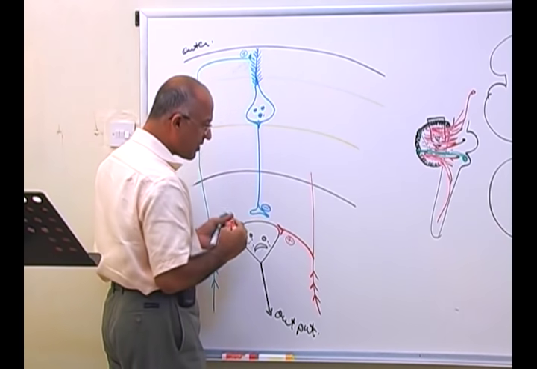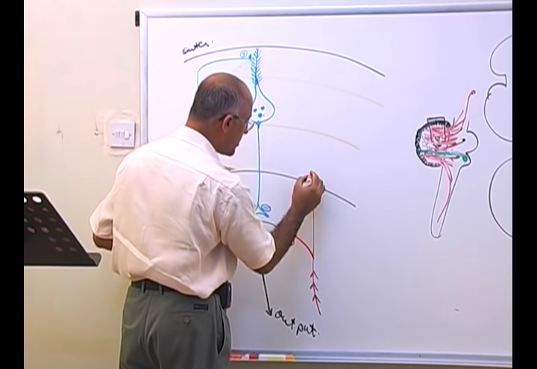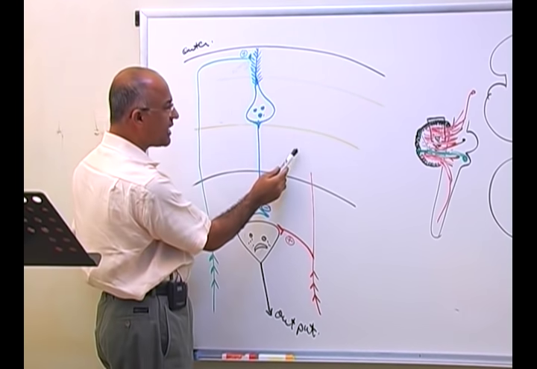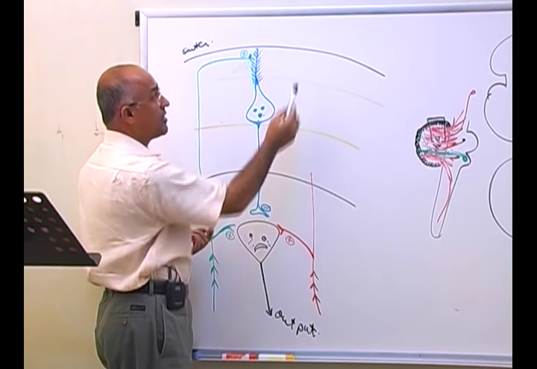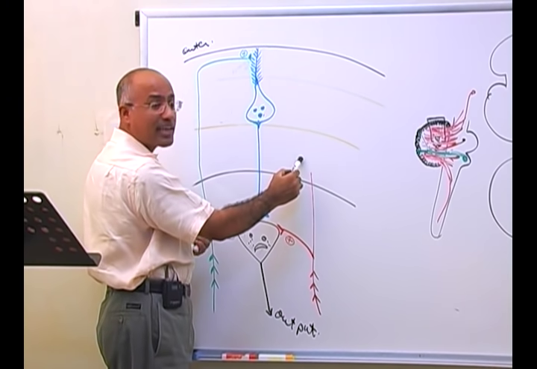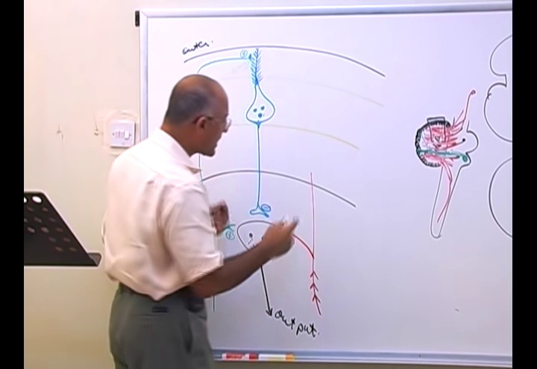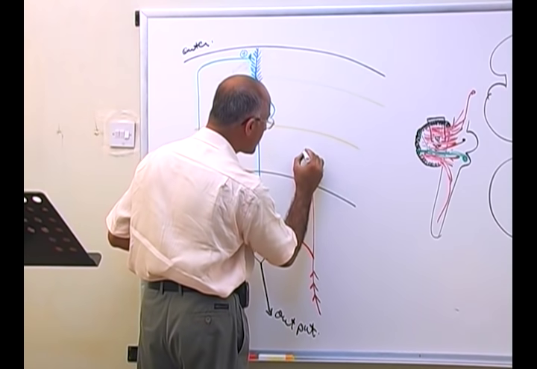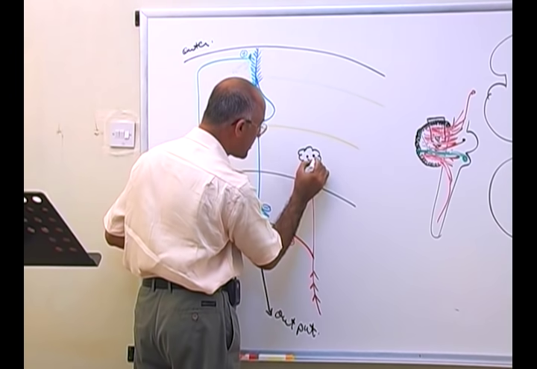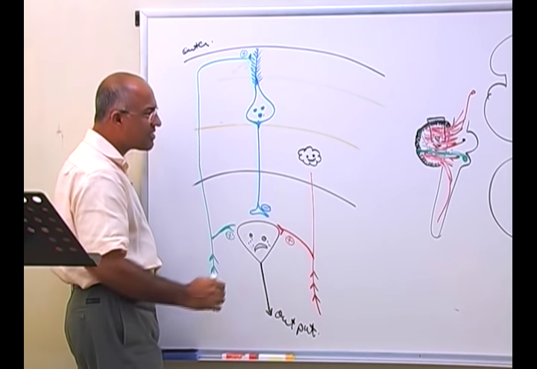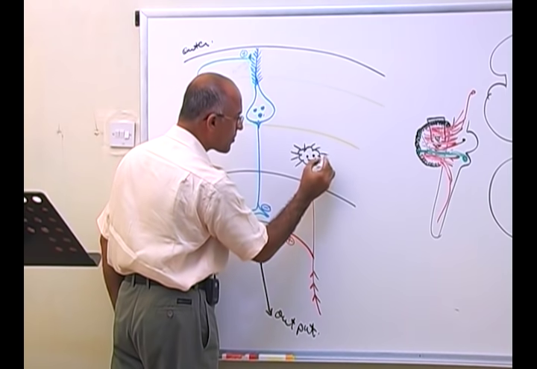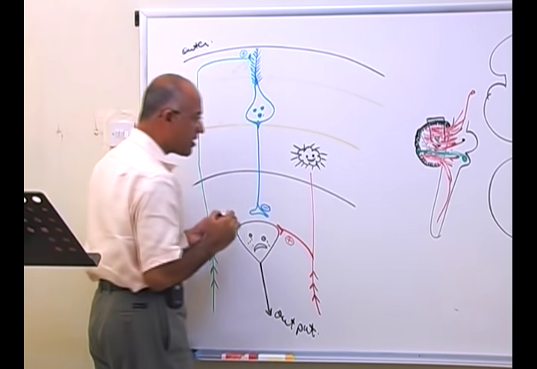When mossy fiber comes over here, right, there is a cell here. What do we call this layer, this area? Granular layer, because there are granular cells here, right? Let's suppose this is a granular cell here, and the granular cell has many dendrites here, right?